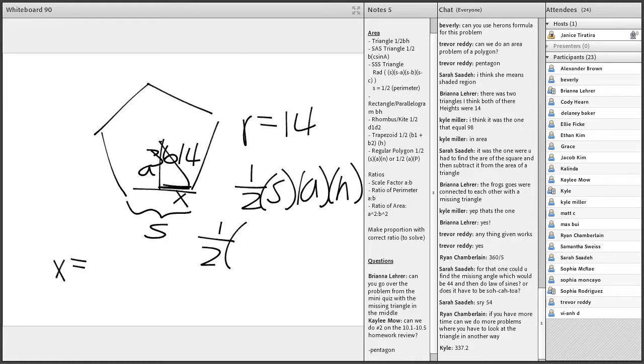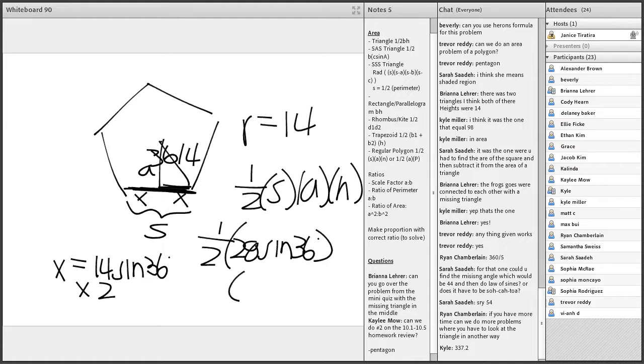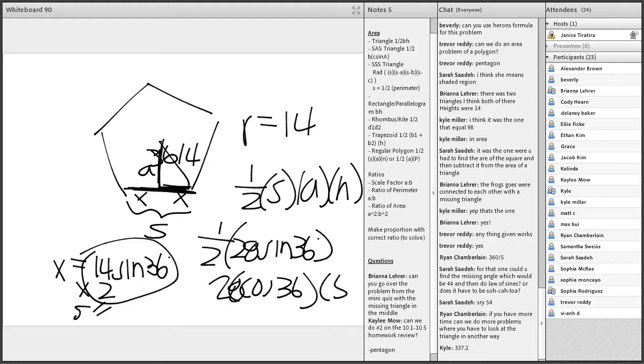For X, that would be sine, so that would be 14 sine 36, but the whole side length would be times 2, so that's 28 sine 36. Sorry, Trevor, I'm going really fast. And the apothem would have been cosine, 14 cosine 36, and the number of sides is 5, so that's a little bit more intense.